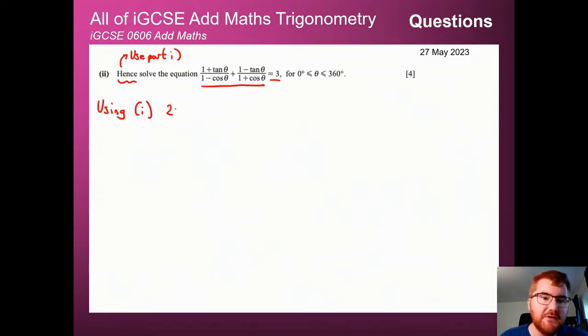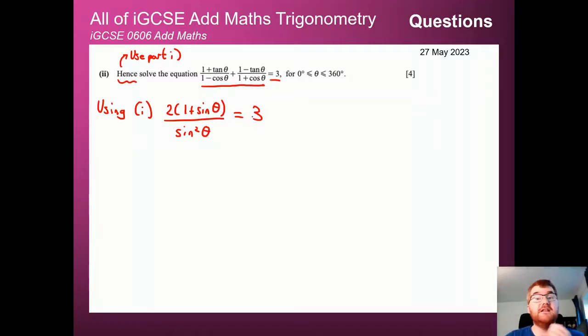So we get 2 brackets 1 plus sine theta over sine squared theta is equal to 3. And this essentially is a quadratic trigonometric function that we're going to work our way through and solve that equation. So the way we do this, first of all, we're going to remove the denominator. So what's the opposite?